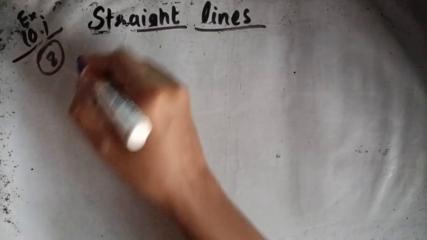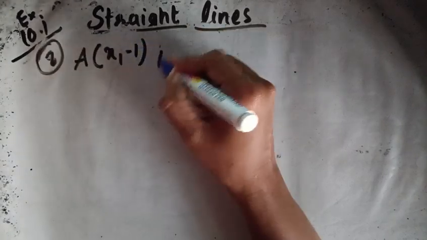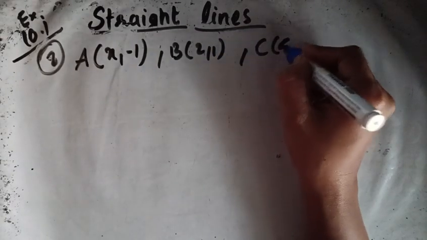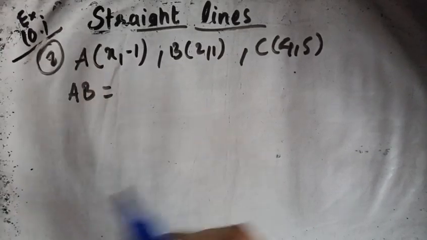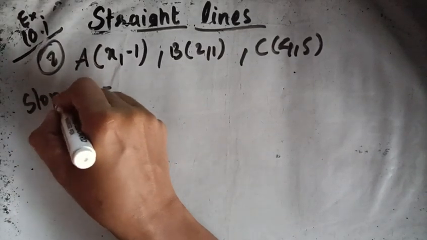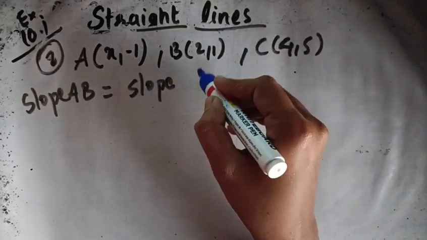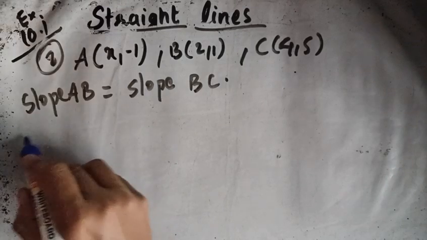So we have to take points. A is x comma minus 1, B is 2 comma 1, and C is 4 comma 5. So we can take line AB, slope of AB equal to slope of BC. Okay, it is given that the points are collinear.